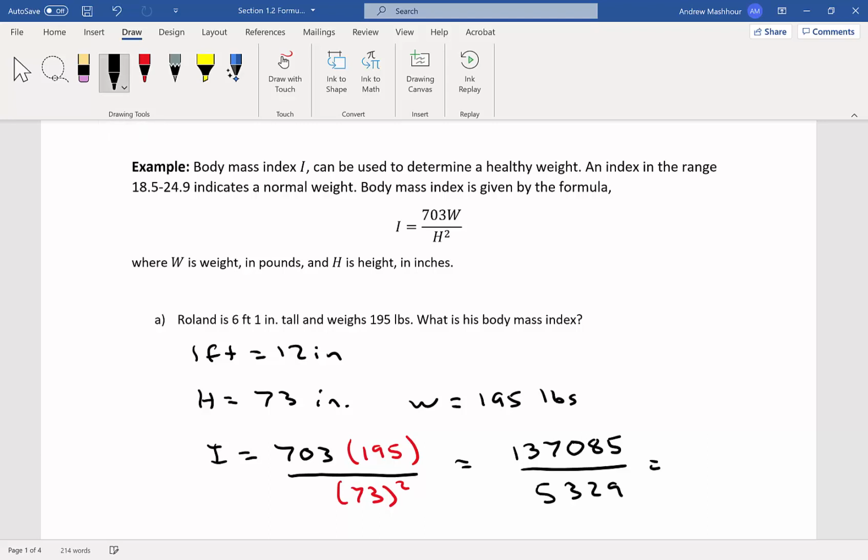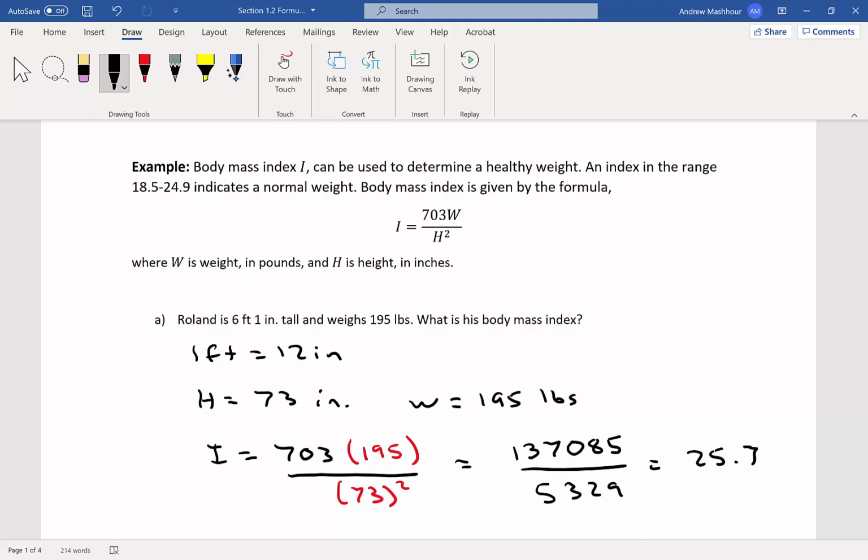And now we're going to go ahead and divide. So we have 137,085 divided by 5,329. This is going to give us 25.7. Okay. So Roland's body mass index is 25.7.